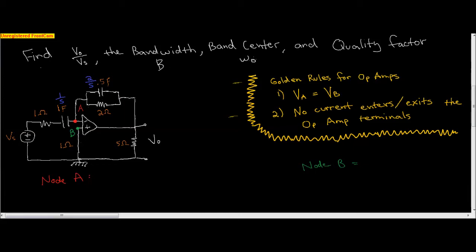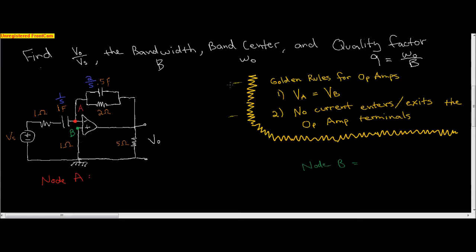This is omega naught, the resonant frequency. This is the quality factor. This guy equals omega O over B. And we'll go over this in a little bit.